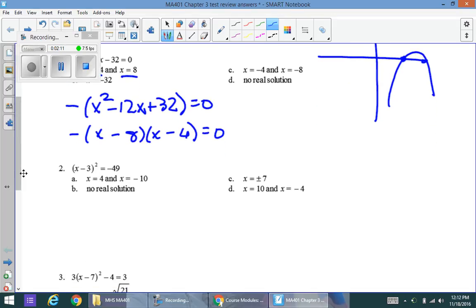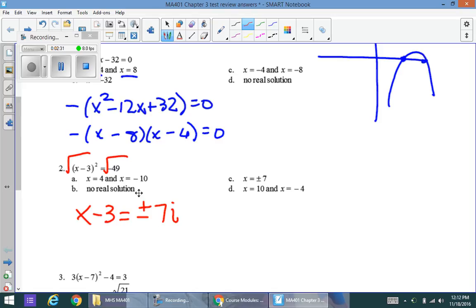Now on this one, I don't want to factor it because there's already a squared. And so what I can do is just immediately square root both sides. And if I immediately square root both sides, I would get x minus 3 equals plus or minus 7i.